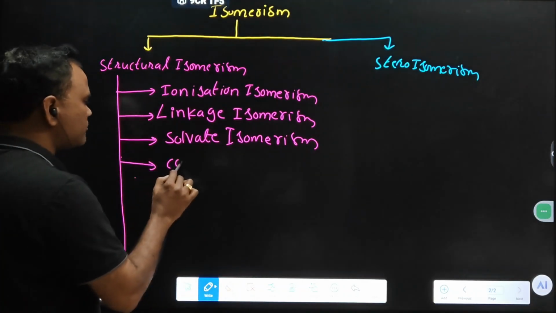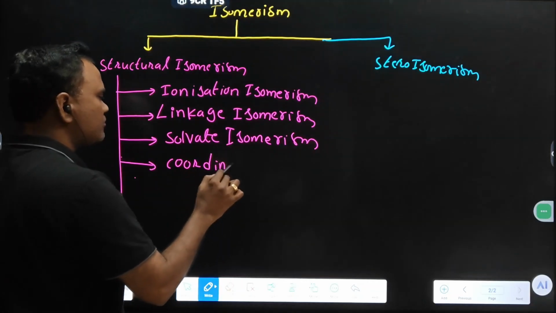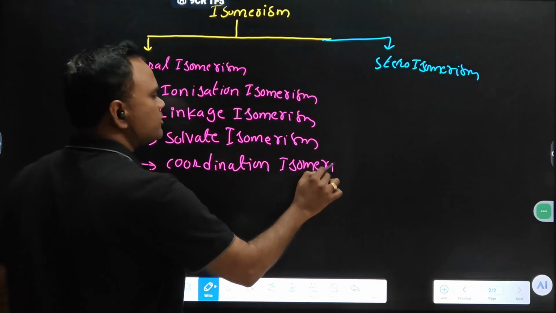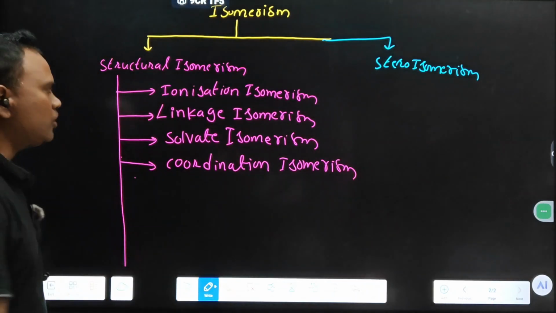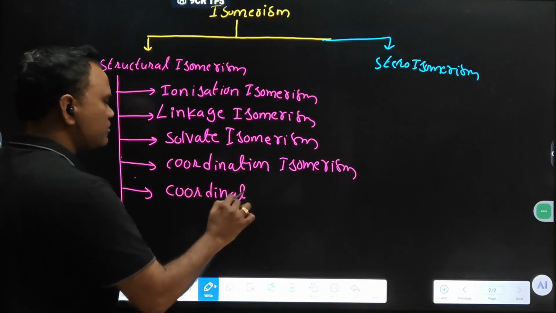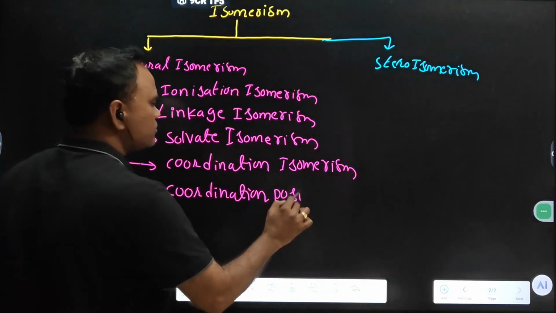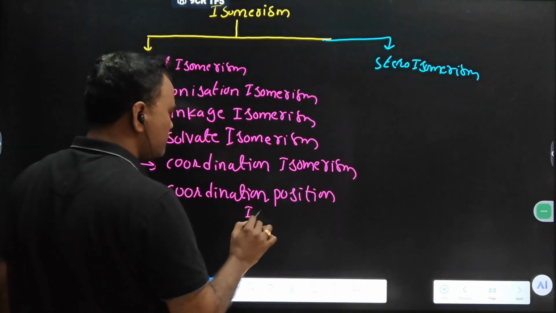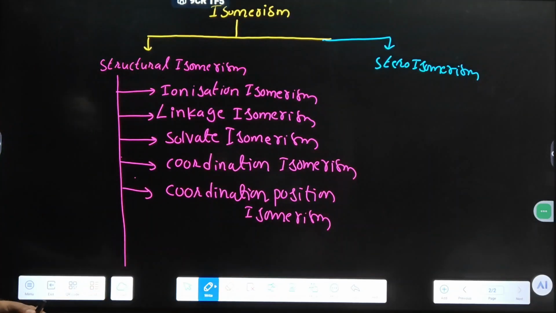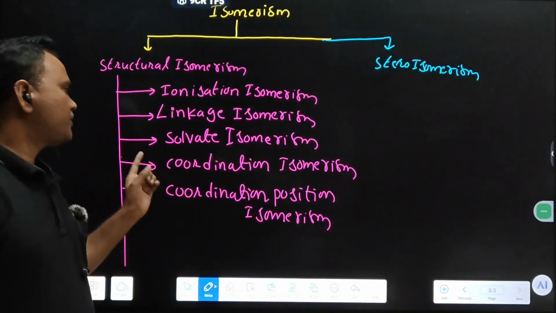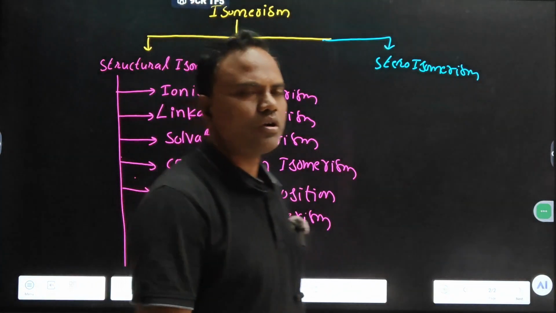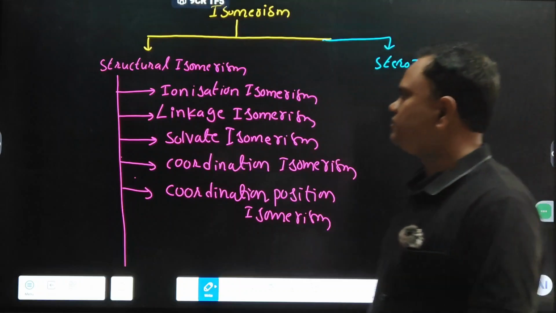Next, coordination isomerism, and coordination position isomerism. Ionization isomerism, linkage isomerism, solvate isomerism, coordination isomerism, coordination position isomerism. This comes under the structural isomerism category.